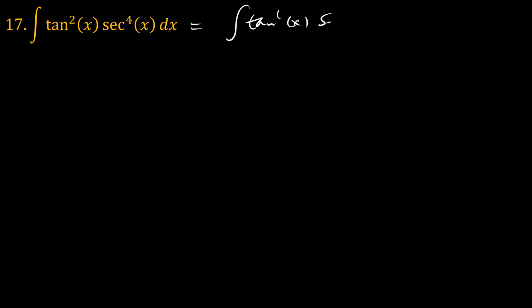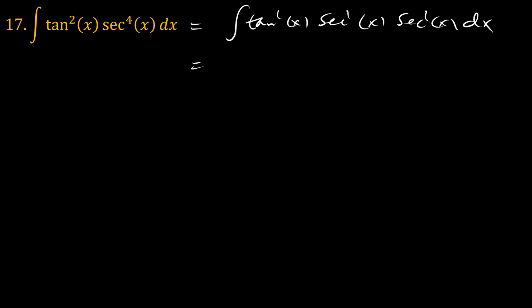Number 17 happens to be the indefinite integral of tan squared x times secant squared of x. Okay, secant to the power 4 of x. So we can re-express this as tan squared of x times sec squared of x times sec squared of x.